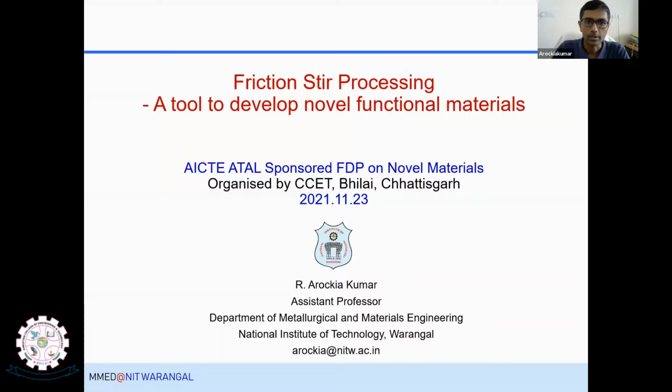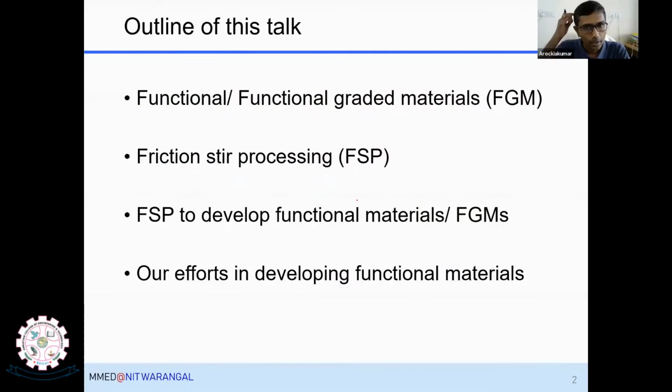So my title of the talk is Friction Stir Processing, a tool to develop novel functional materials. The outline of this talk is going to be, first, to differentiate the difference between structural and functional materials.